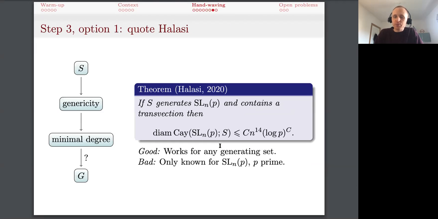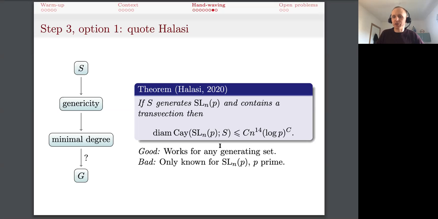Well, the first option is, when the classical group is SL_N, so not the special unitary group, not any of those other ones, but it is SL_N and the field is prime, then we actually do have a complete solution in this case. This is a theorem that was proved by Zoltan Halasi earlier this year.